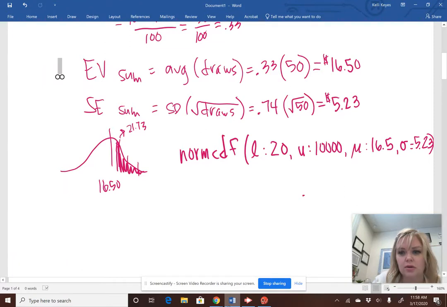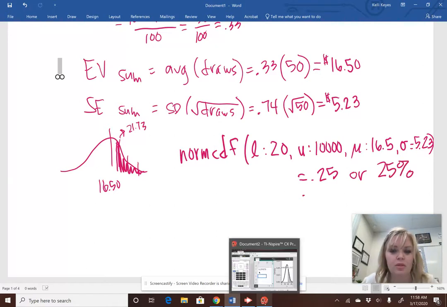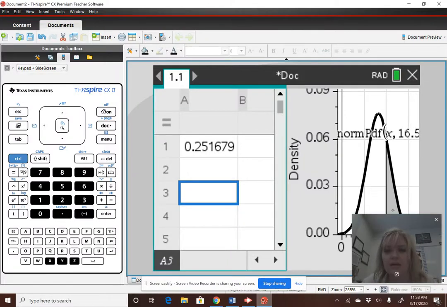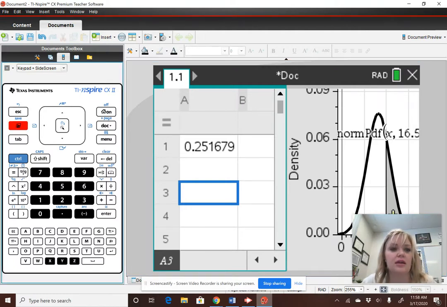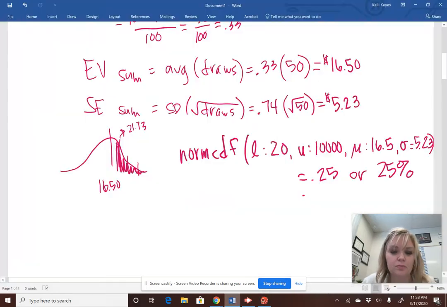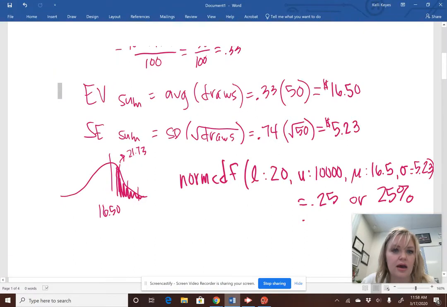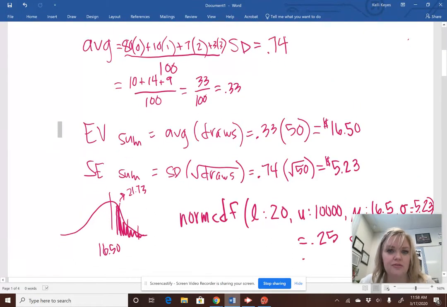So this equals 0.25 or 25%. Okay. So again, if you want to see the shaded curve, just go into lists and spreadsheets, and it's menu 422. Otherwise, it's in the calculator screen, menu 652. Okay, so that was example 5.